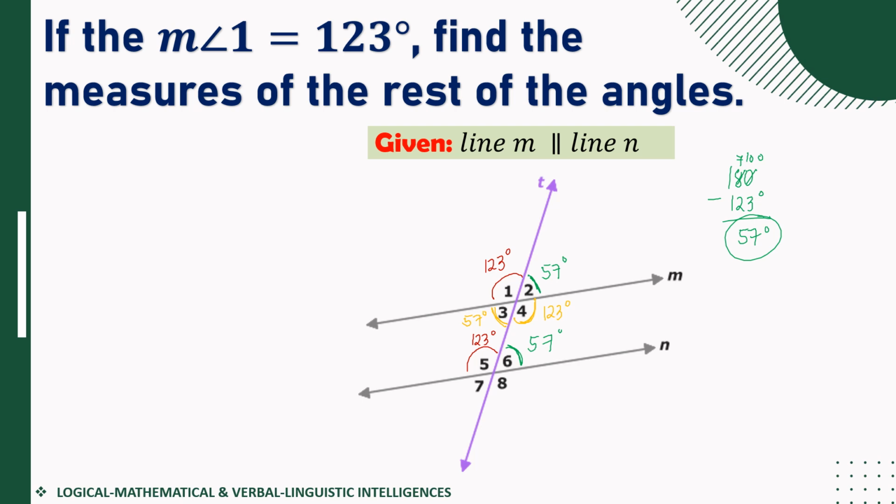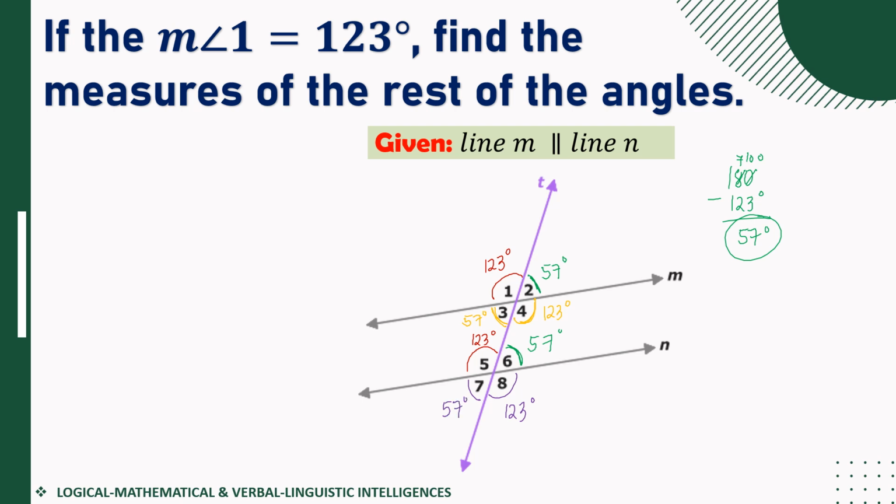And from this, you can now go on with the corresponding angles of angle 3 and angle 4 to find the measure of angle 7 and 8. Or else, you can also apply in here the vertical angles. So, if angle 5 is 123 degrees, angle 8 is also 123 degrees. While, if angle 6 is 57 degrees, therefore, angle 7 is 57 degrees as well.